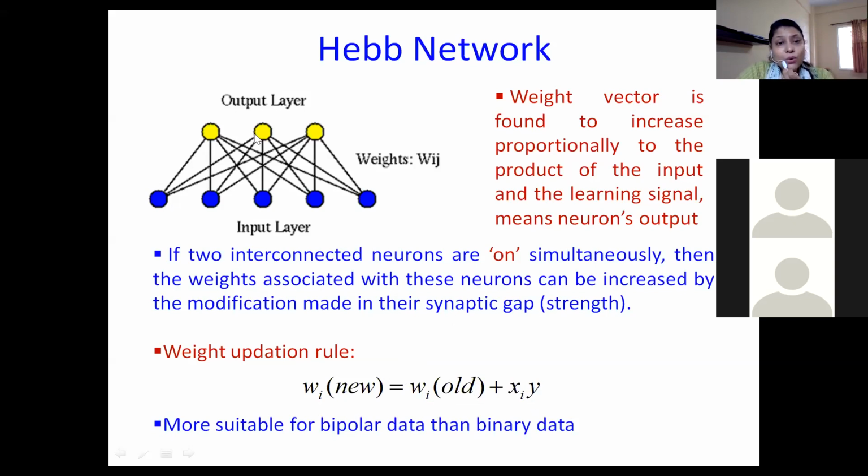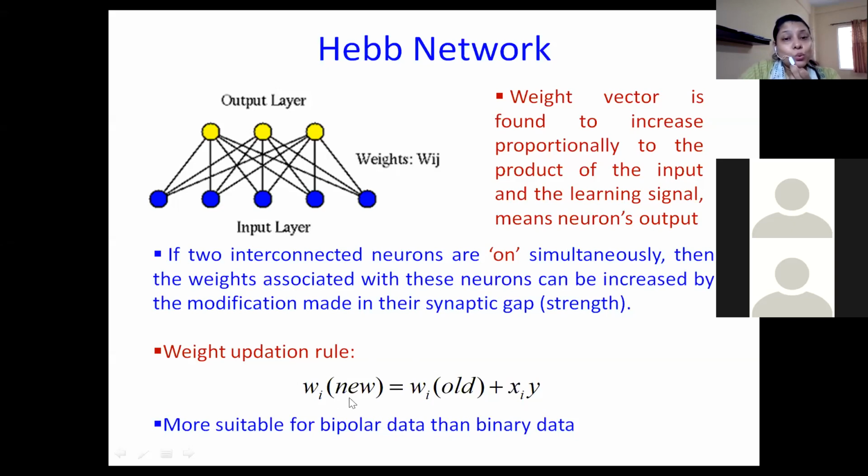That means now you have some value of the input neuron, as well as some value of the output neuron. Now, if you take that old weight vector and add it to the product of the input neuron and output neuron, for all the neurons you have, then automatically for that particular step you will get a modified weight.